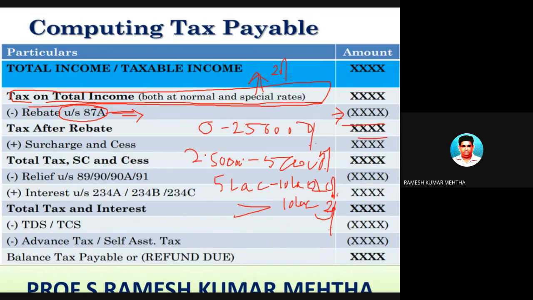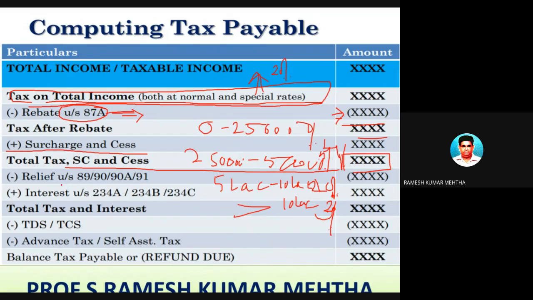rebate. To this we have to add surcharges and cess to the tune of 4%, and you will get total tax, surcharges and cess as this particular figure.